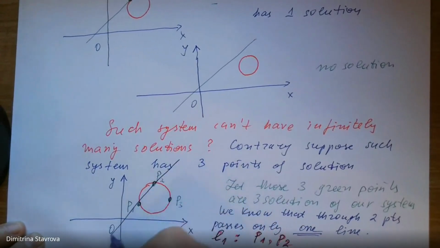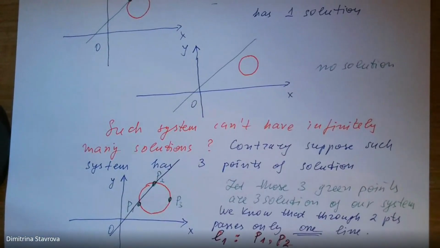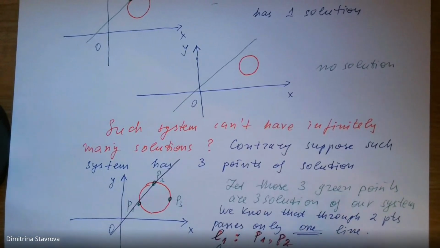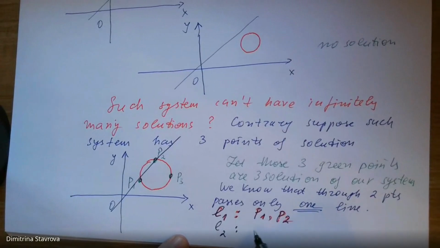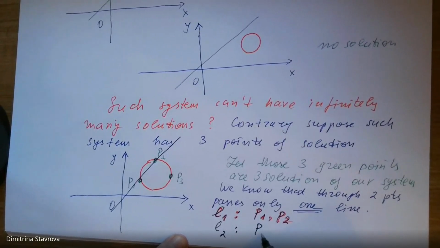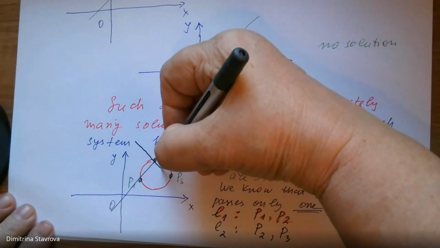So this is the line. And let L2 be the line passing through P2 and P3. So we get this.